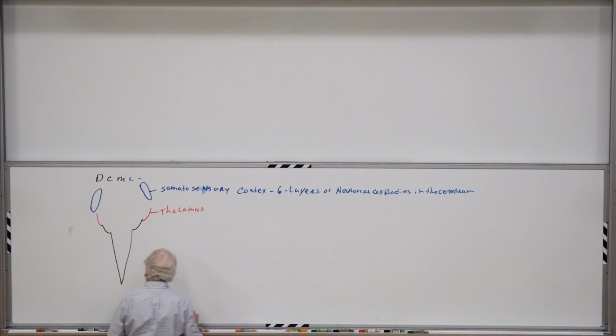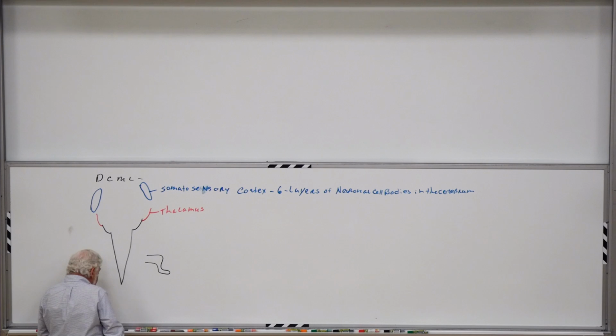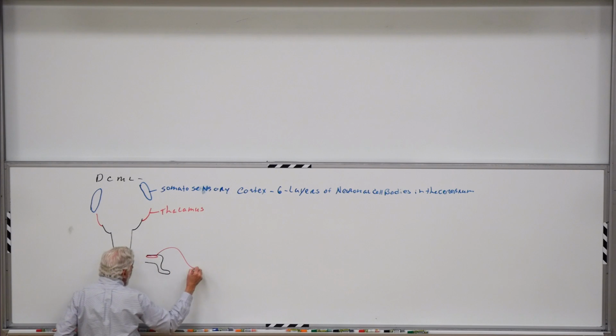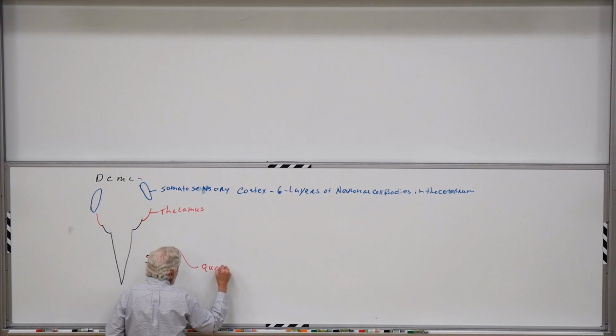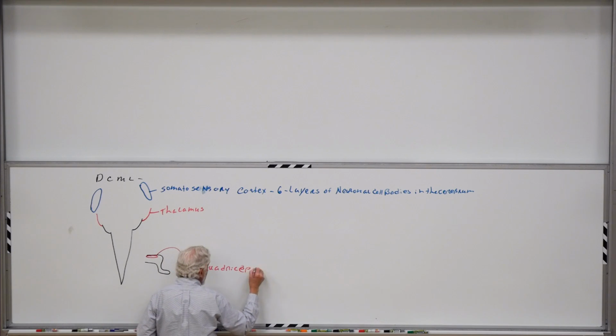But the pathway that we described yesterday, if we were coming in from the leg, the neuron that we emphasized yesterday was a stretch receptor neuron located in the quadriceps muscle.